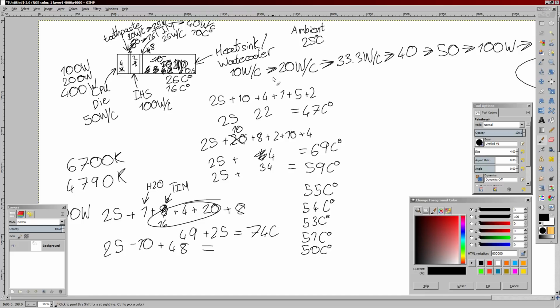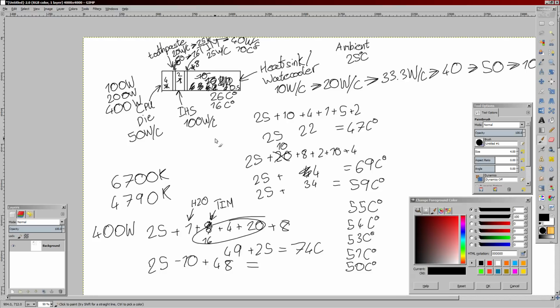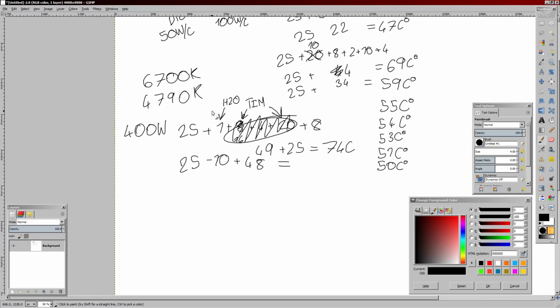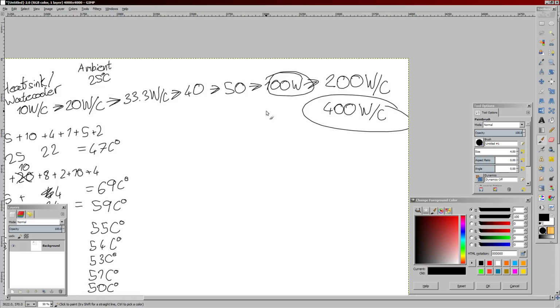And actually, if you eliminated things like the IHS, you could downgrade the cooler, because in this example, if I eliminate the thermal paste and the IHS and then downgrade the cooling system, we went from a 400 watt to a 100 watt cooling system.